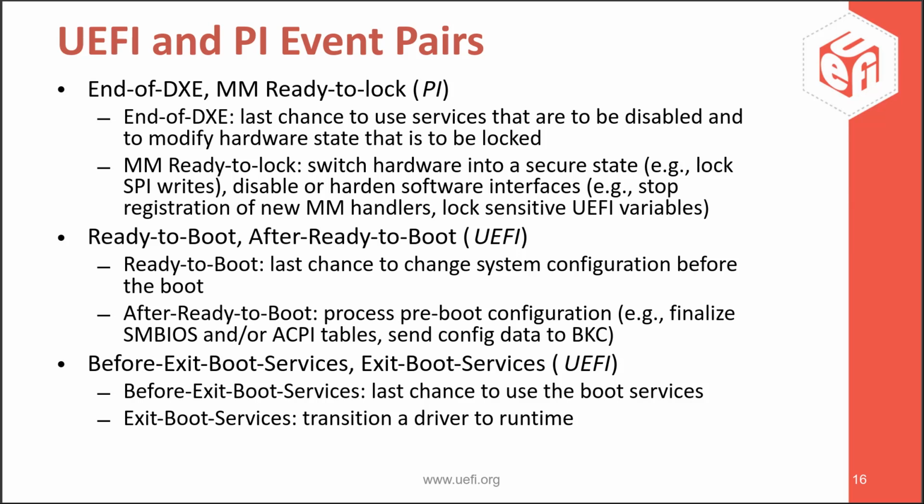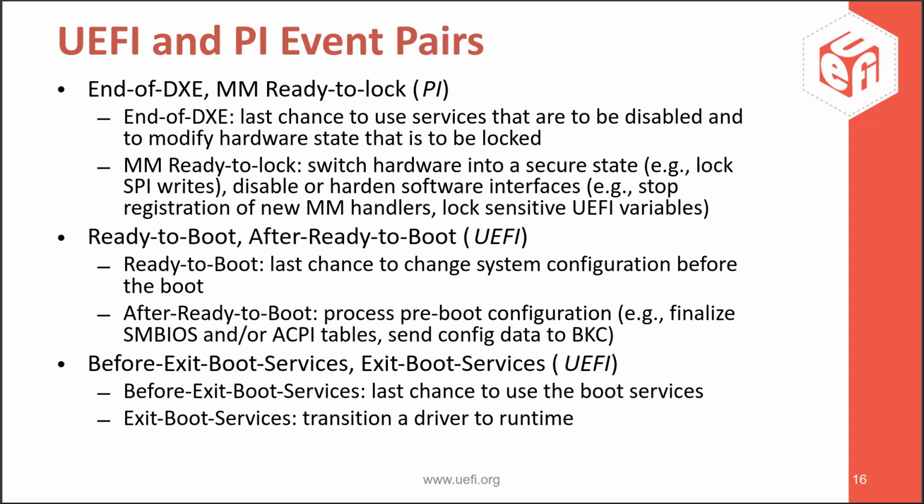And then MM ready to lock, this is where the actual transition happens. For example, when the SPI chip is locked for writes outside of MM. Also, MM registration stops at that point.